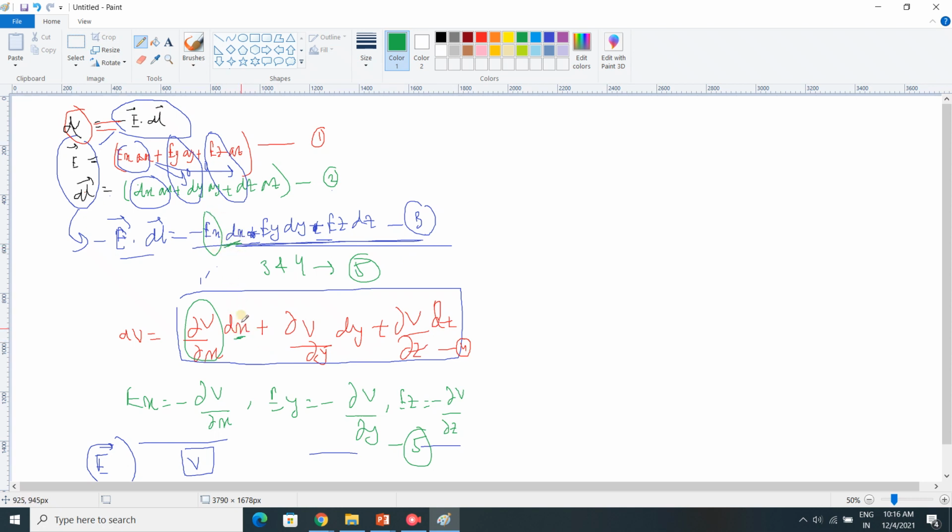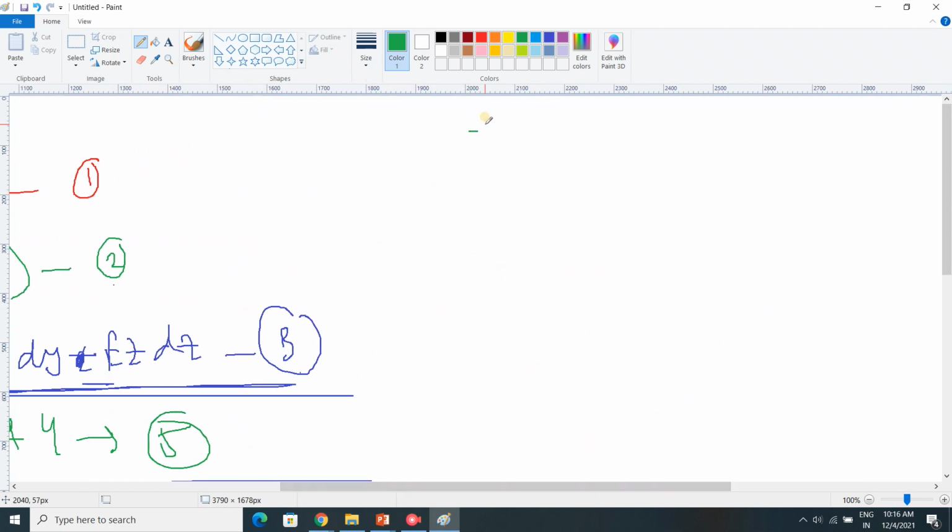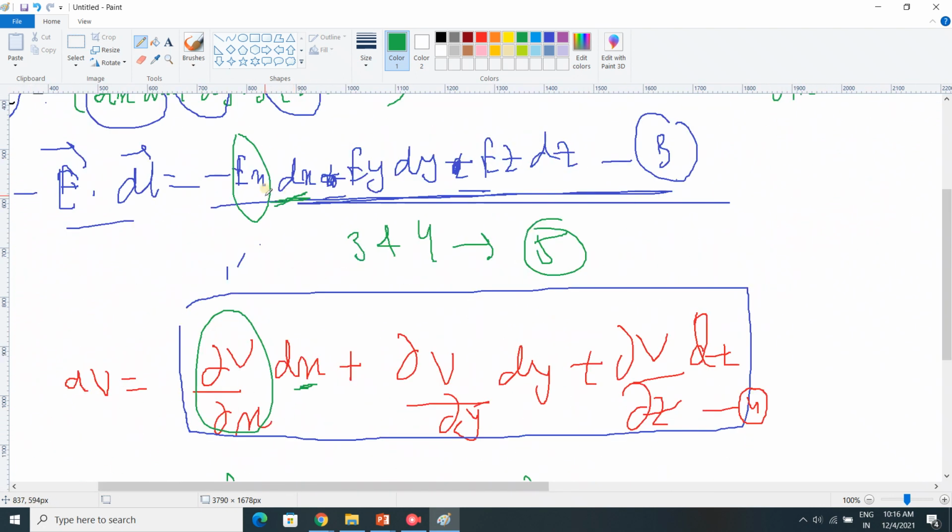Because you're comparing these two equations, you see dx is common, so you can equate like this. Minus E dot dl is dv. If minus E dot dl is equal to dv, then Ex is a part of E dot dl, and dv by dx is a part of this one, so they will also be equal.